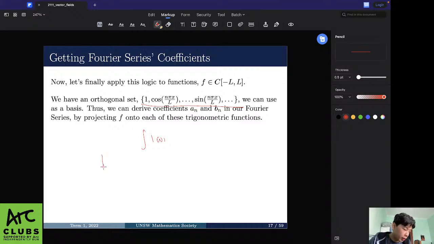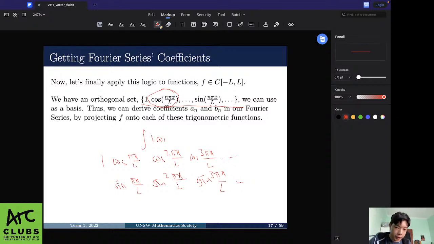It means we have a 1, and then we have every possible cos n pi x over L. So it includes cos pi x on L, but it also includes cos 2 pi x on L, cos 3 pi x on L, and so on. But then it also includes sine pi x on L, sine 2 pi x on L, and sine 3 pi x on L, and so on.